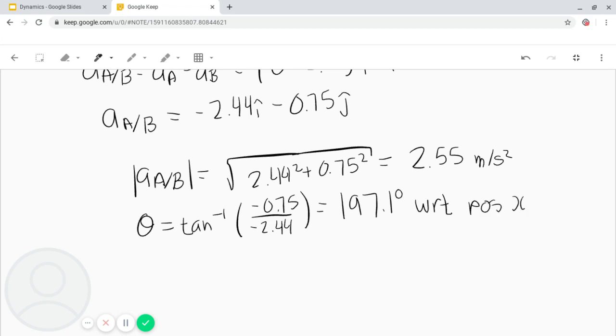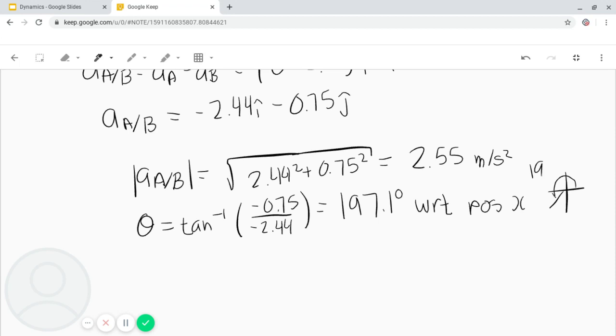And that makes sense because for relative acceleration, the x is negative and the y is negative, so it would have to end up somewhere in that third quadrant, and 197 degrees would be in that third quadrant.